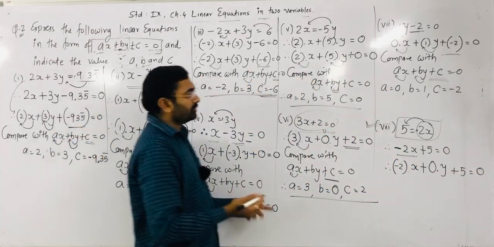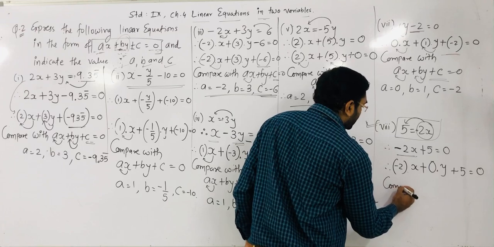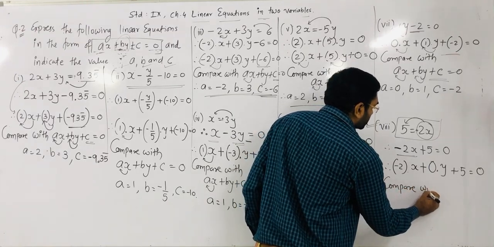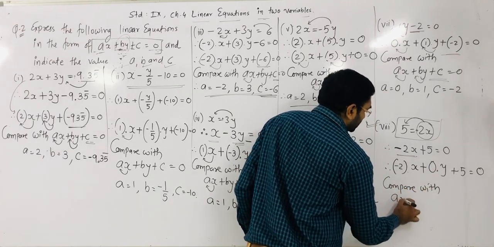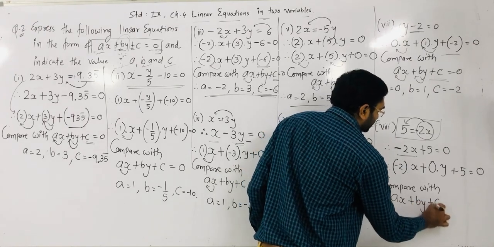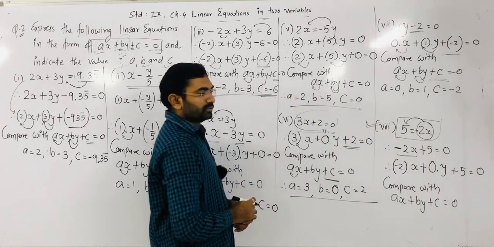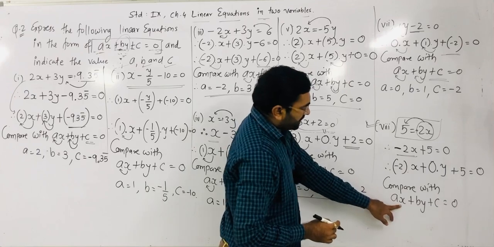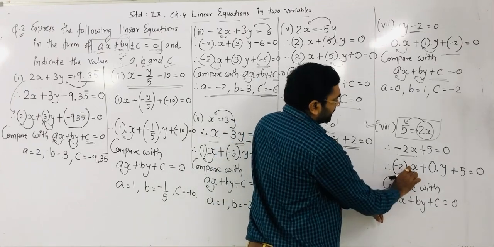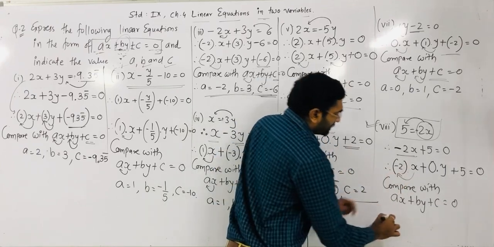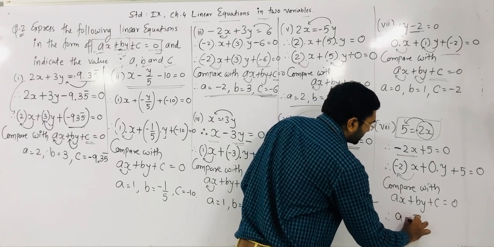Okay, now we have to compare with the general form, so we get the a, b and c value. So compare with ax plus by plus c is equal to 0. So in the general form, the x coefficient is called a. In the given equation, the x coefficient is minus 2. So we can say a is equal to minus 2.